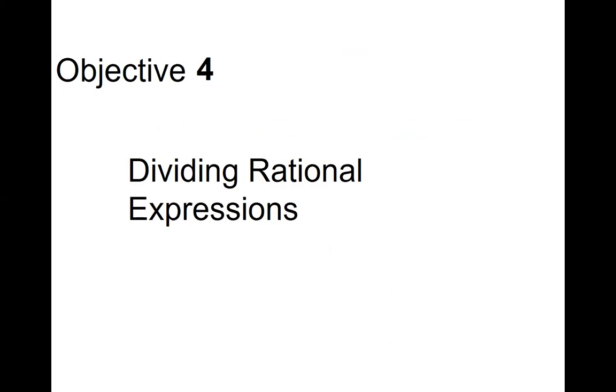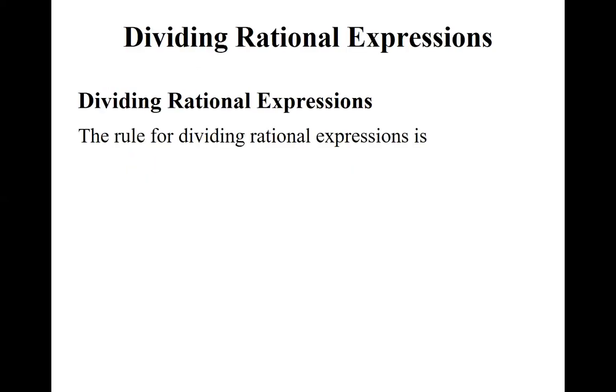The fourth objective in this topic is dividing rational expressions. The rule for dividing rational expressions is the same as the rule for dividing fractions. Keep, change, flip. P over Q divided by R over S is P over Q times S over R, which is PS over QR.